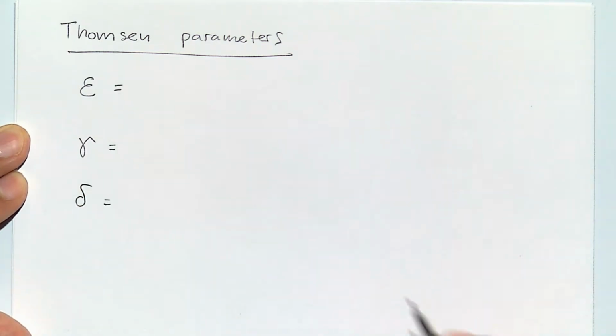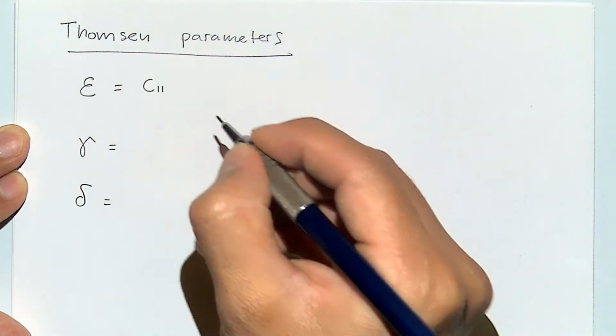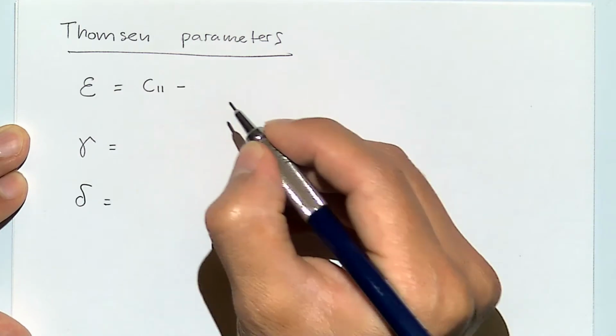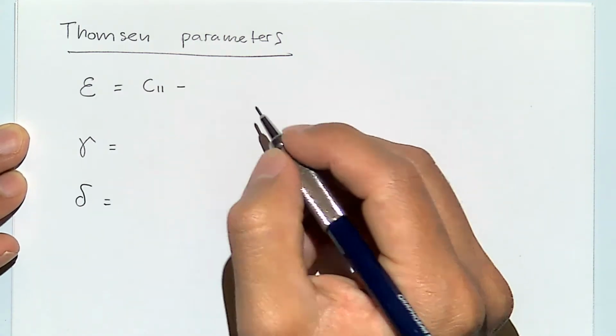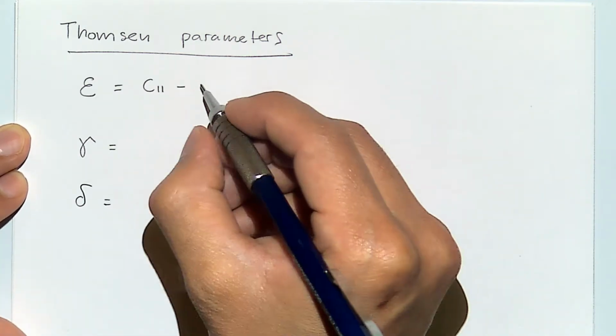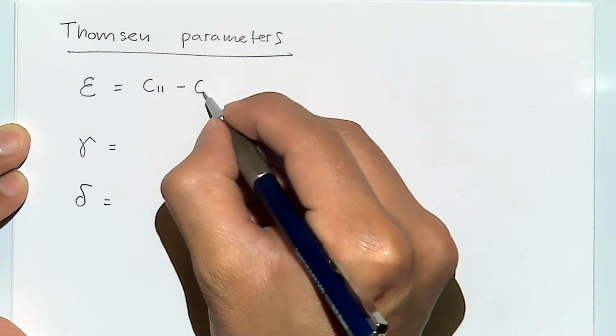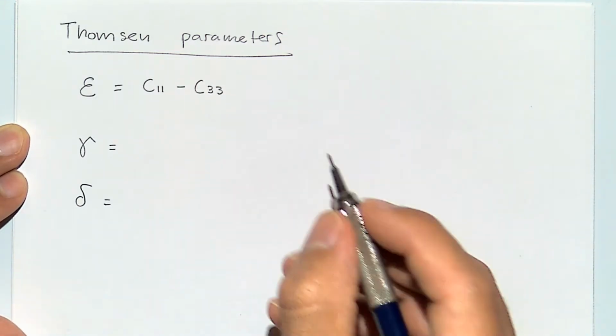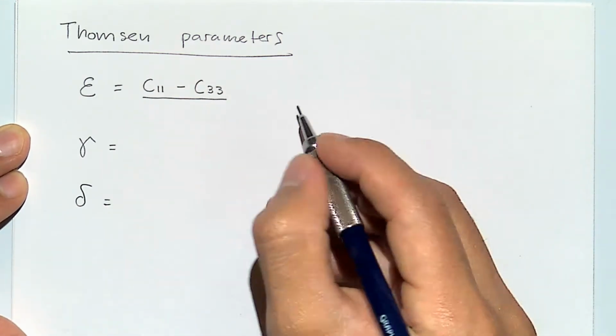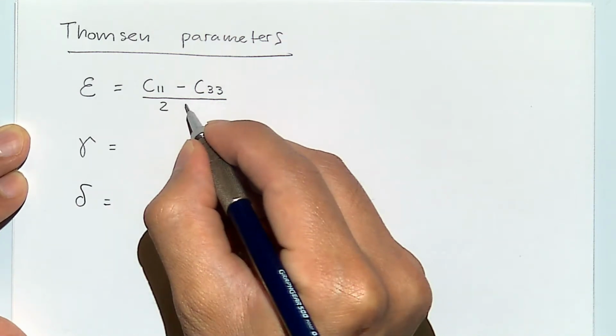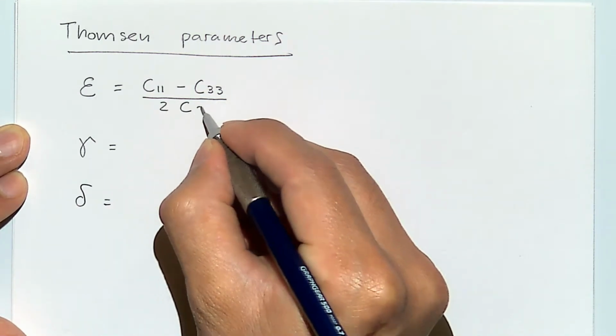and they are defined as, the first one is the difference between the stiffness coefficient in horizontal direction minus the stiffness coefficient in vertical direction divided by 2 times the stiffness coefficient in vertical direction.